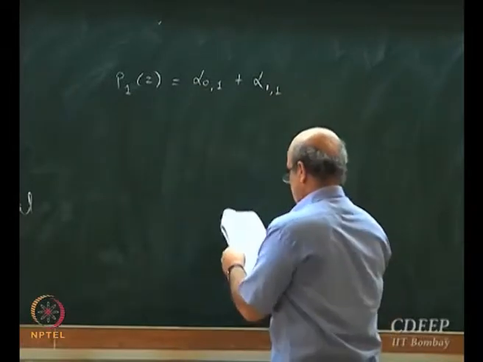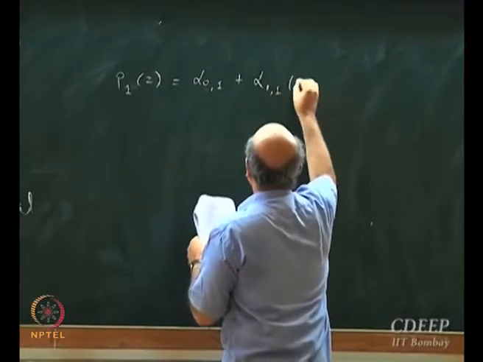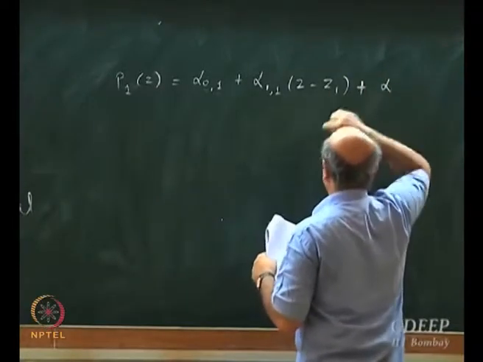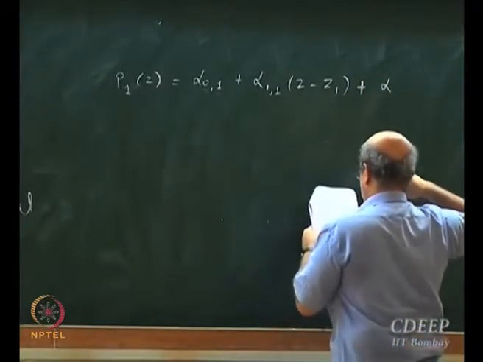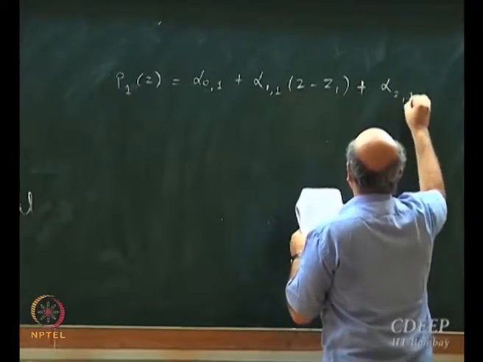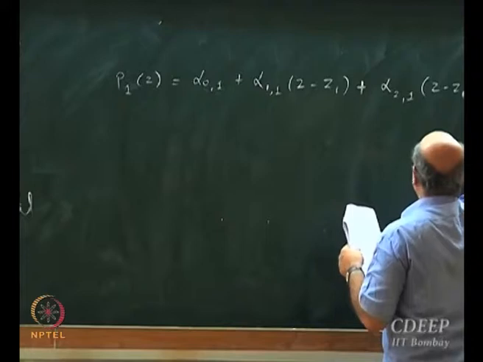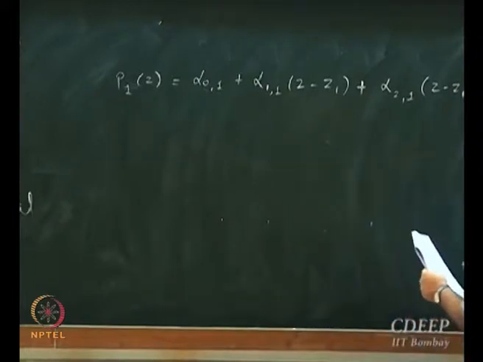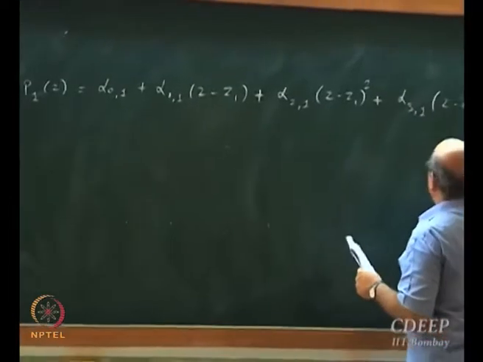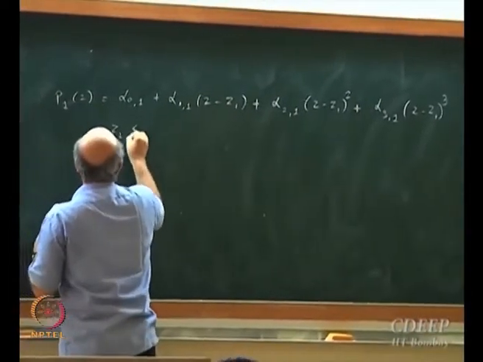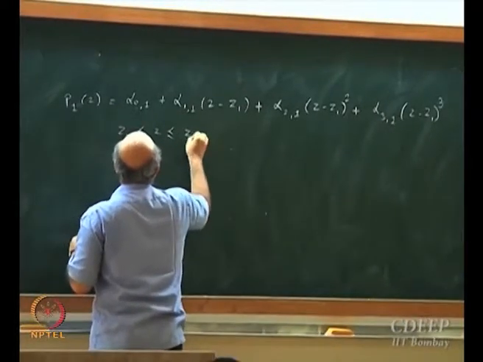Then (z minus z1) plus alpha 2,1 (z minus z1) square plus alpha 3,1 (z minus z1) cube, and this holds between z1 and z2.